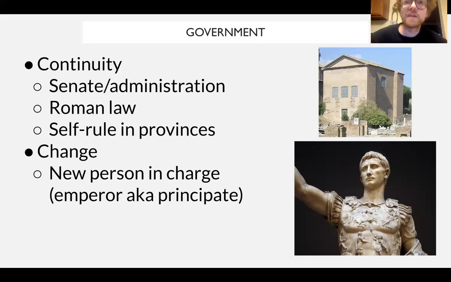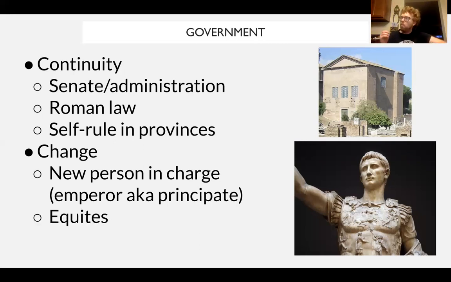Theoretically, the emperor is picked by the Senate, but that's not really true, because we are going to see the emperor basically supersede whatever the Senate does. But we're also going to see more social mobility in the Roman Empire. We are going to see a new class known as the Equites.